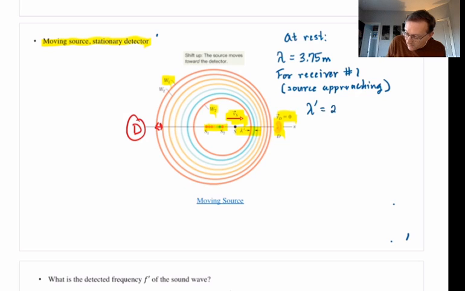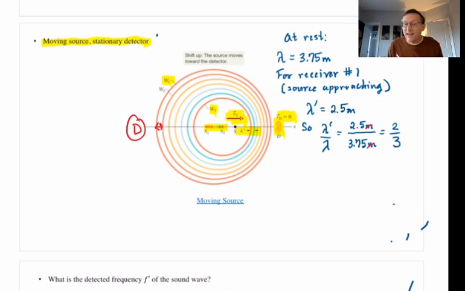It was 2.5 meters. So, here's what I'm going to do. Let me take the ratio of lambda prime to lambda, the detected wavelength for receiver number 1 over the emitted wavelength: 2.5 meters over 3.75 meters. This is a unitless ratio, and it turns out that ratio is exactly 2/3.